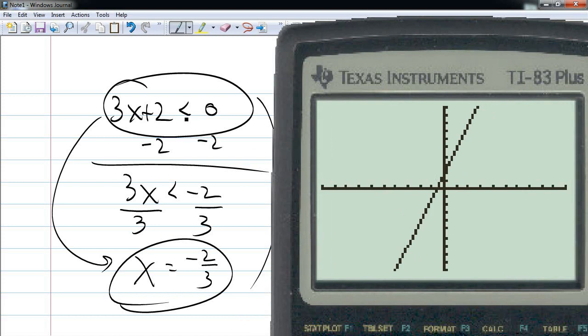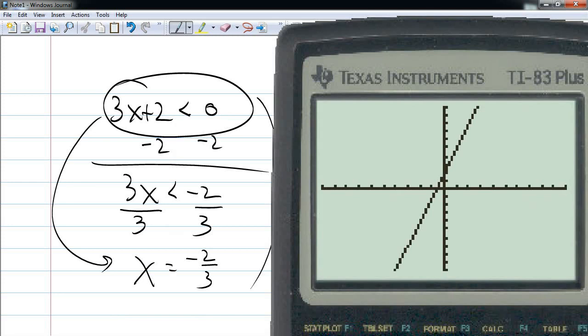So what we are actually doing when we solve something like this is finding where the expression equals 0, because that's where it transitions from positive above the x-axis to negative below the x-axis, or vice versa.